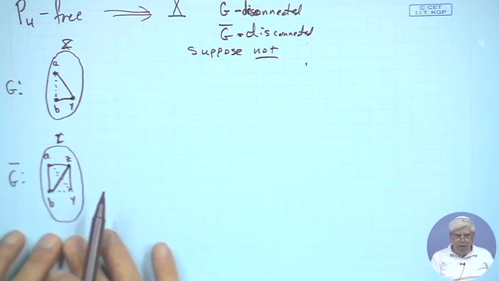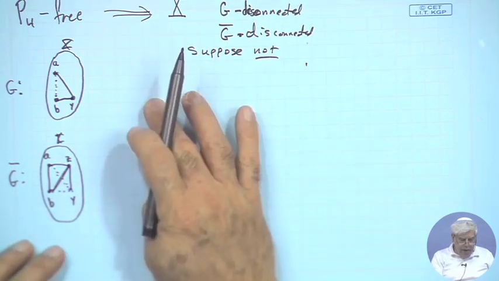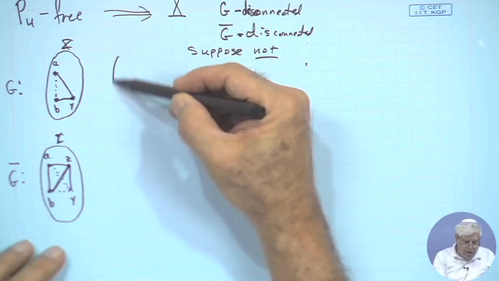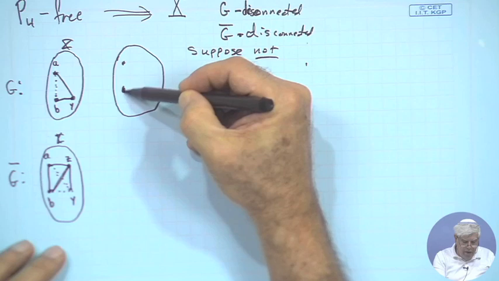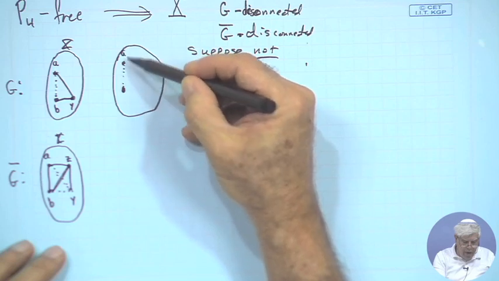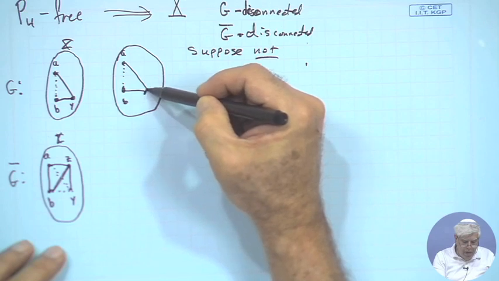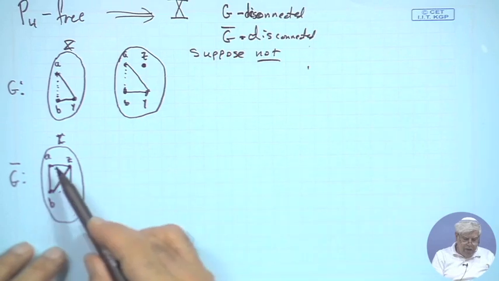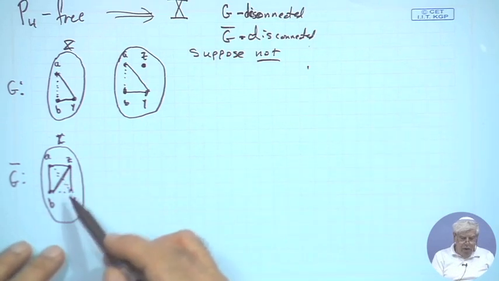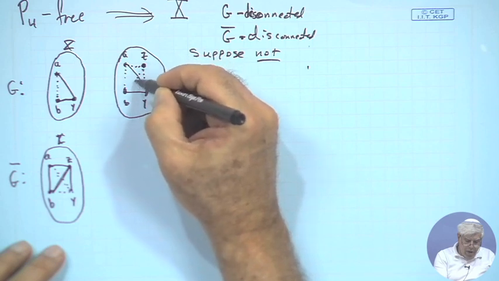Now this is my state of the art in G complement. Let's go back and see what's happening over in G's neighborhood. We still have A and B, and Y, and now Z is connected to all three of them in G bar, so it's disconnected from all of them here.